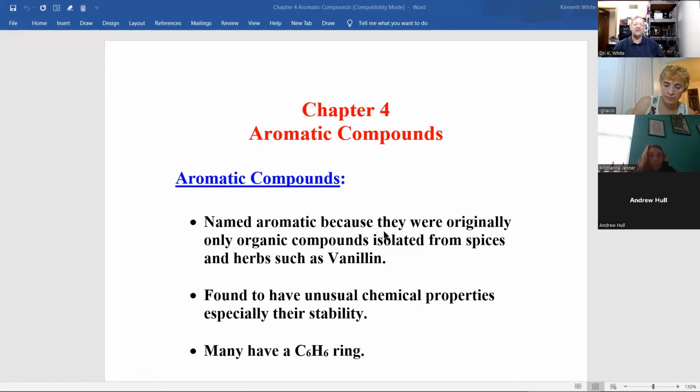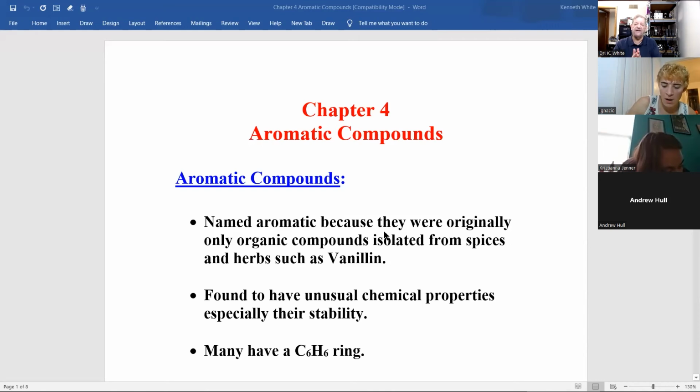But before we do that, I better open it up. Let me close this. Let me go here. Let me show it to you. All right. Everybody see aromatic compounds on your screen?